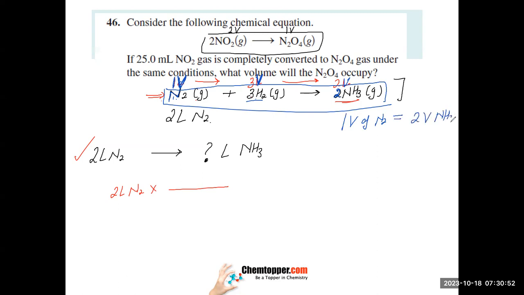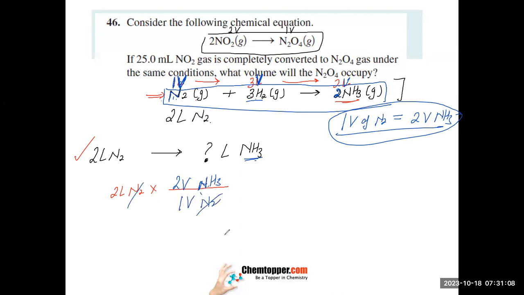I will use this ratio here. What I want is liters of ammonia. Plug in this ratio: 2 volume of ammonia over 1 volume of N2, just like the way you were doing molar ratio. N2, N2 cancelled. V, V cancelled. Answer is 4 liters.